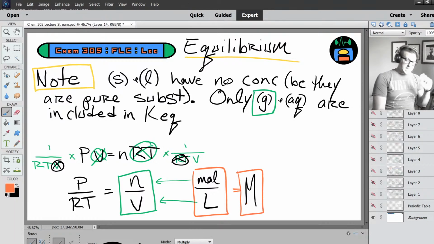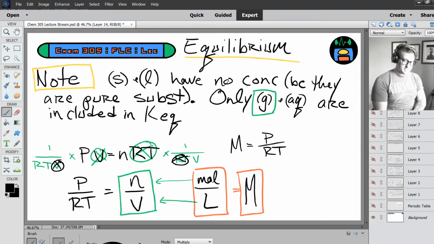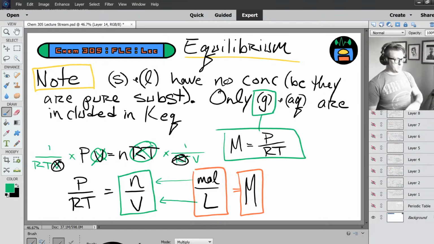So, yes, gases are pure substances, but the ideal gas law shows us that the molarity of a gas is equal to the pressure of the gas over R times T. So even though gases are pure substances, they still have a concentration, they still have molarity, and they're still included in the equilibrium constant.